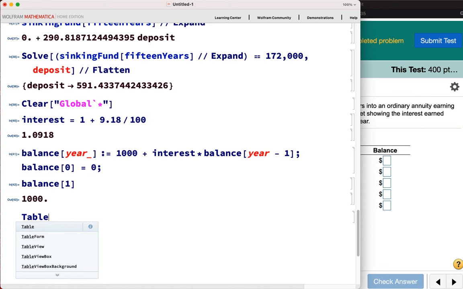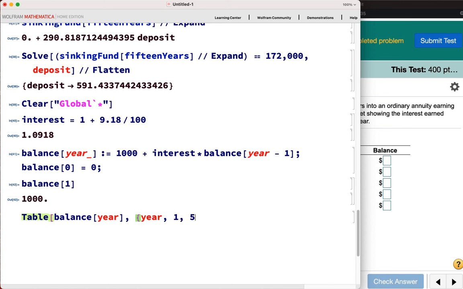Okay, so table. Well, you know what? I'm going to do it like this. Hold on 1 second. Okay, so we're going to have table. Balance year.